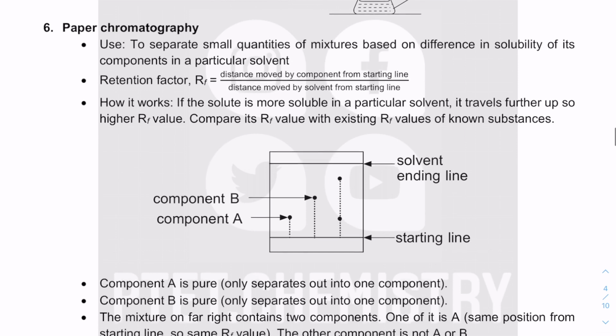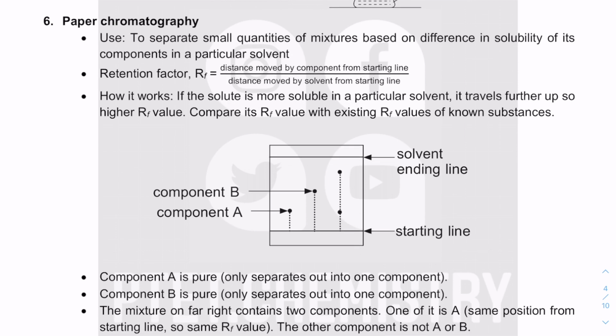Jumping straight to paper chromatography. As I mentioned, we use it to separate our mixtures based on the difference in solubility of its components. Components in this case refer to the substances present in the solution mixture, or we can say the solutes in the particular mixture.